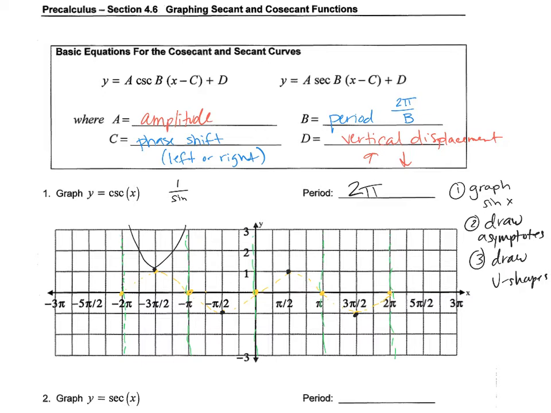If it was a minimum, it becomes a maximum, so my graph goes like that. And then the same thing over here. Because these go upwards past our edge, we're going to make sure we put arrows on all of them to denote that.